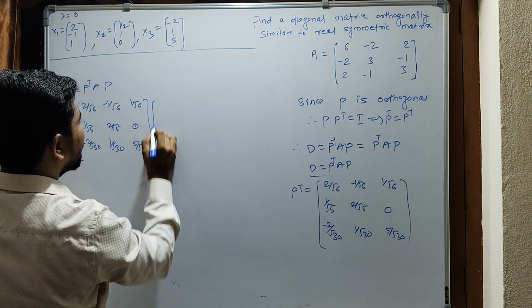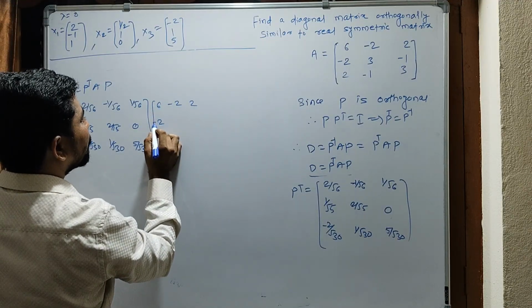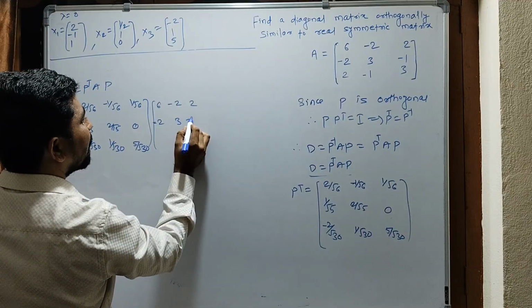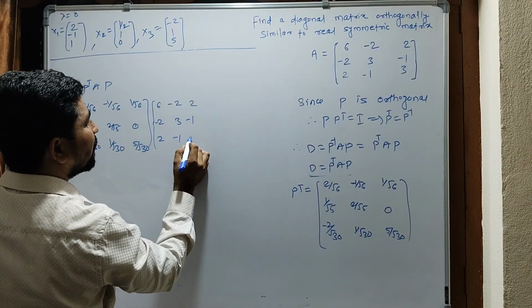This is P transpose. Now write A: 6, minus 2, 2; minus 2, 3, minus 1; 2, minus 1, 3.